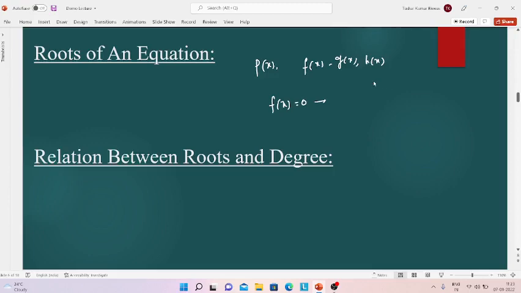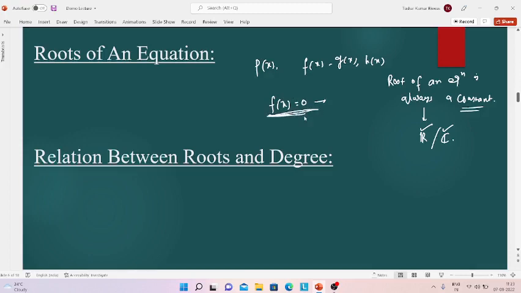Let me discuss one thing very clearly: a root of an equation is always a constant term, and that may be a real number or a complex number.